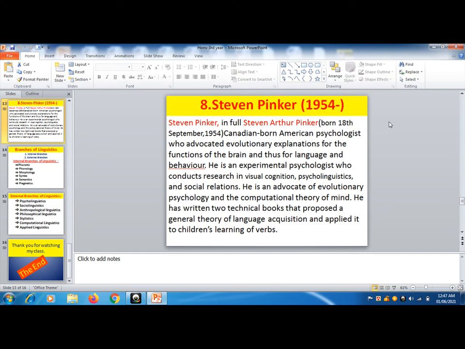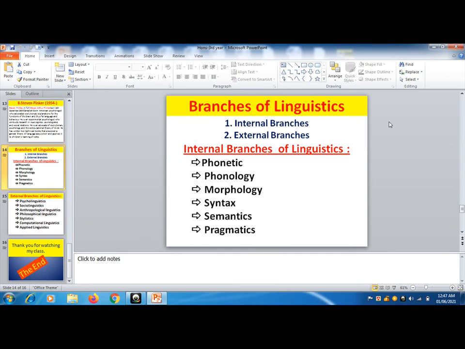He has written two technical books that proposed a general theory of language acquisition and applied it to children's learning of verbs. Actually, I have discussed with you, dear students, eight great famous linguists who have developed a lot of theories for languages.